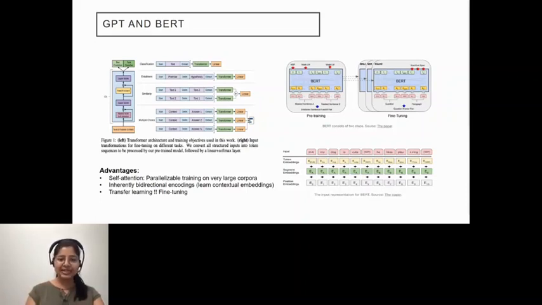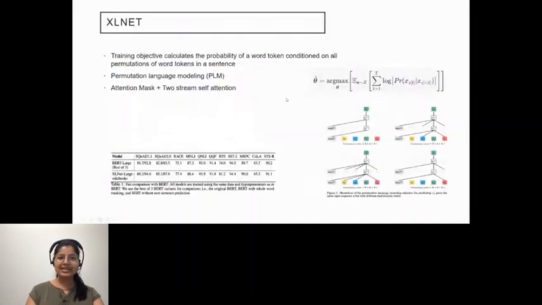Hence, let's move to the next design architecture, which is XLNet. XLNet basically says, why mask something when you can train your model on different permutations of your words within a sentence? It overcomes that by applying different permutations.